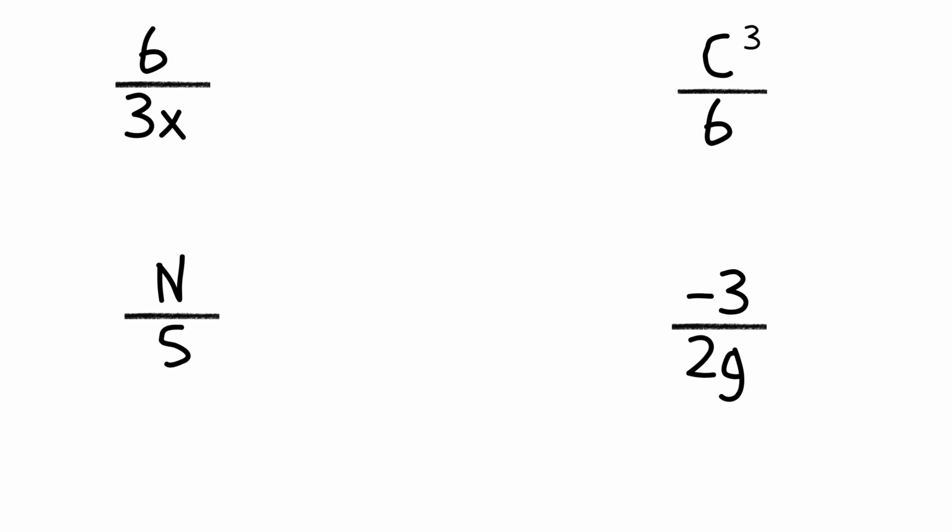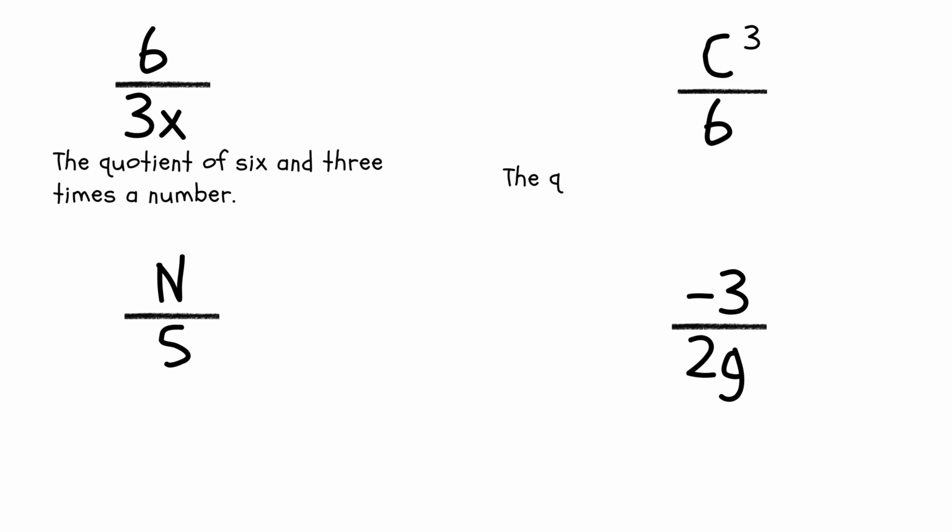For 6 divided by 3x, we can express this as the quotient of 6 and 3 times a number. Next, for c cubed divided by 6, we can say the quotient of c cubed and 6.